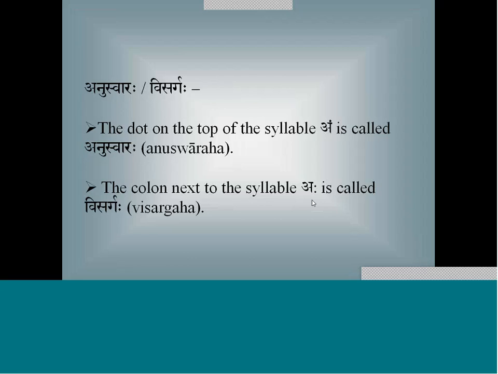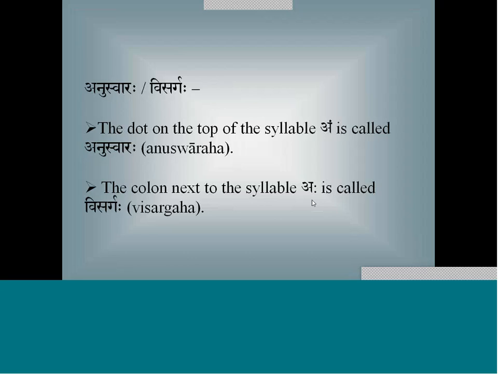So a and the visarga will give the sound aha. A and ha. Ha is, you have to open your mouth and say ha. Aha. And you can replace the letter a by e. Visarga doesn't have a particular sound. It takes the sound of the vowel.